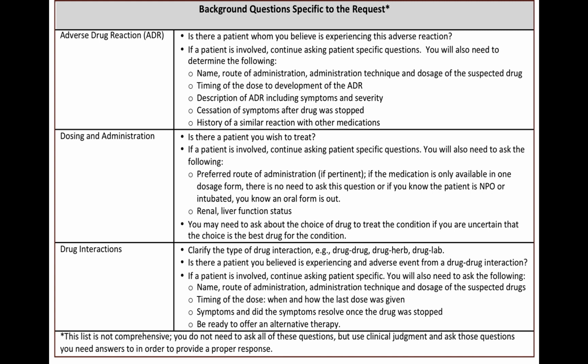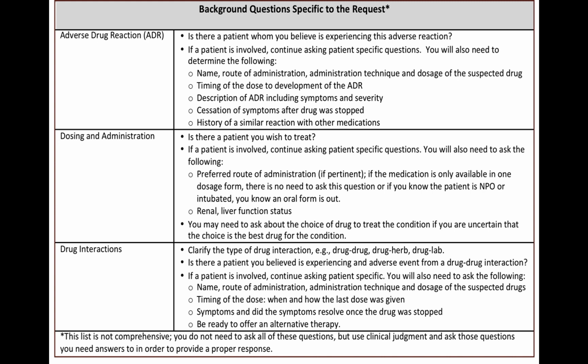You'll need to determine the name of the medication, the route of administration, the administration technique, and dosage of the suspected drug. You need to determine the timing and the dose to development of the ADR. You need a description of the ADR, including symptoms and severity.